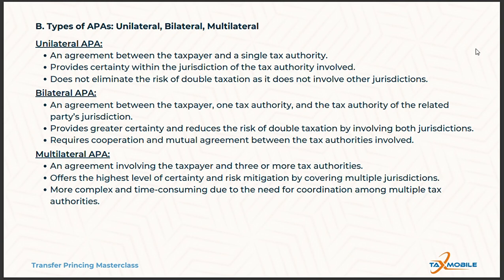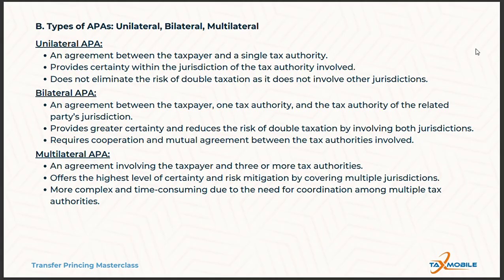So you can see there are two tax authorities involved here. One is the tax authority of the taxpayer, and the other is the tax authority of the related party jurisdiction. The advantage of this is that it offers greater certainty and reduces the risk of double taxation as it involves both jurisdictions.